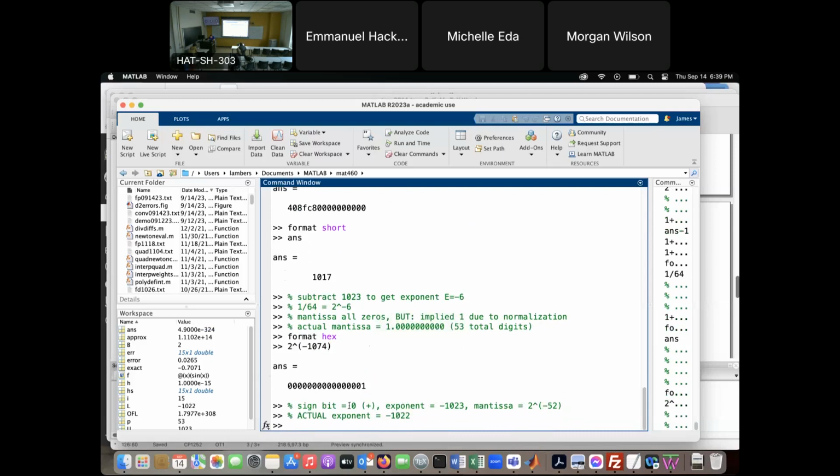So even though what's represented is minus 1023, this is a signal to the computer hardware that denormalization is being used. Because if the exponent stored here was minus 1022, the number would be interpreted as normalized, and the mantissa would be interpreted as not 2 to the minus 52, but 1 plus 2 to the minus 52, which would be a very different number.